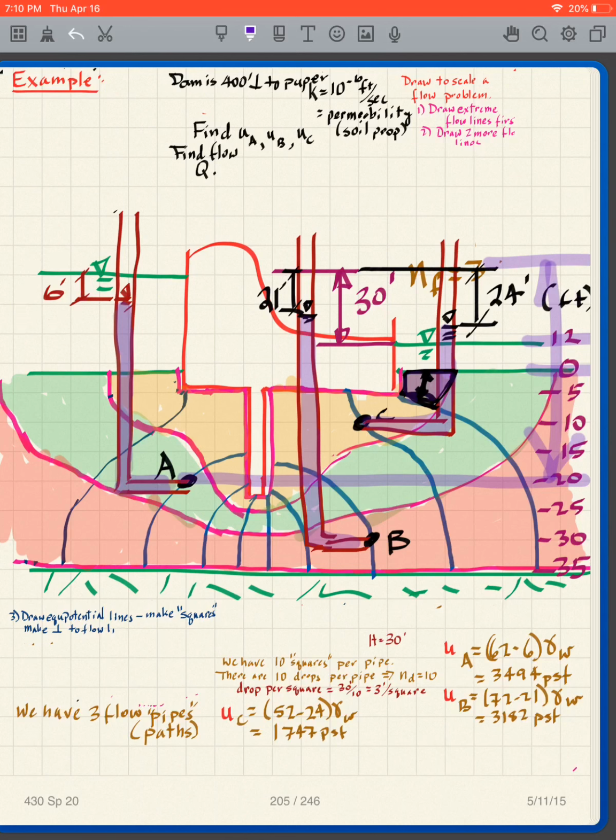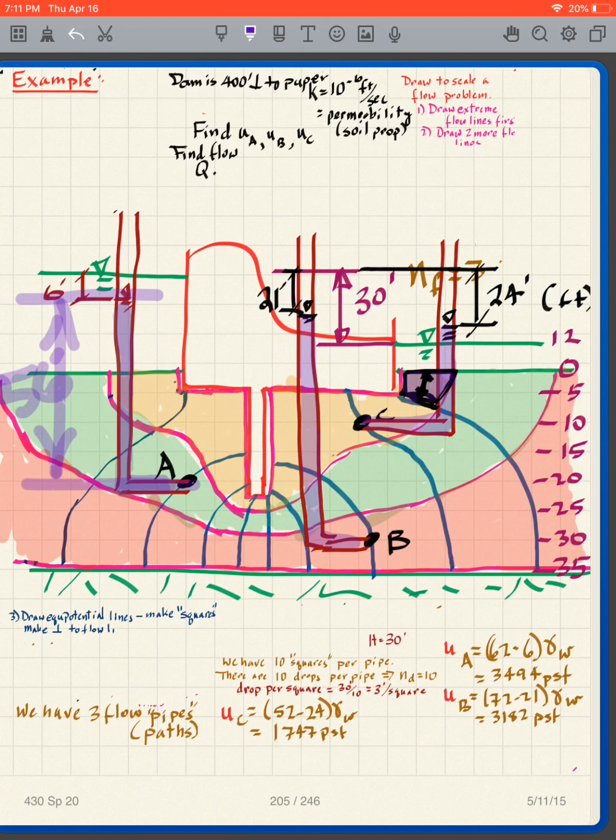So the vertical distance between point A and the water level is 62 minus 6, which is 56 feet. That means my pore pressure is 56 feet times gamma W. That's computed here.